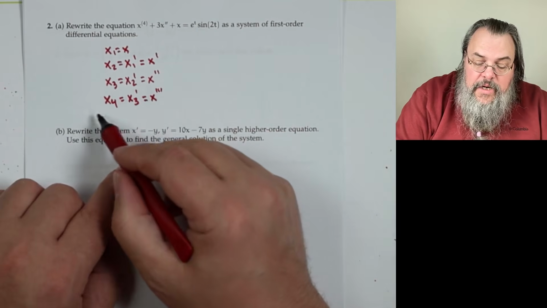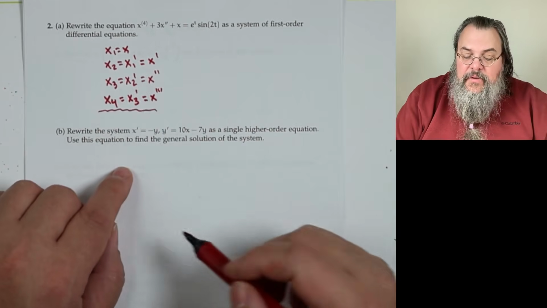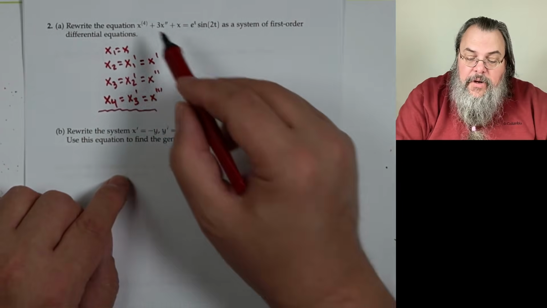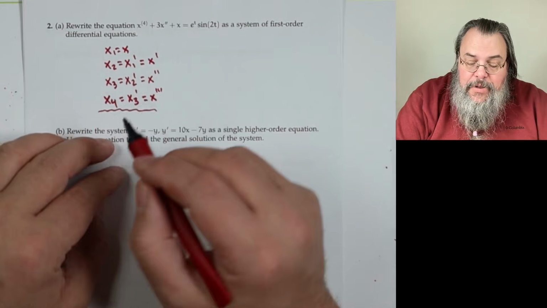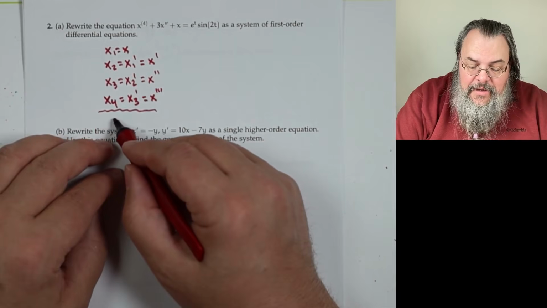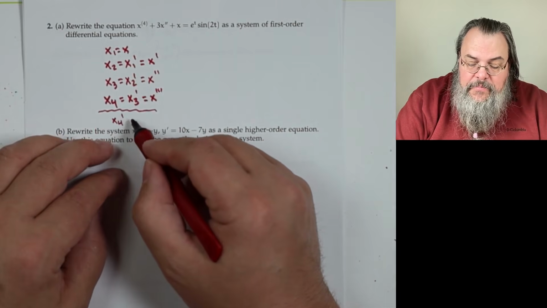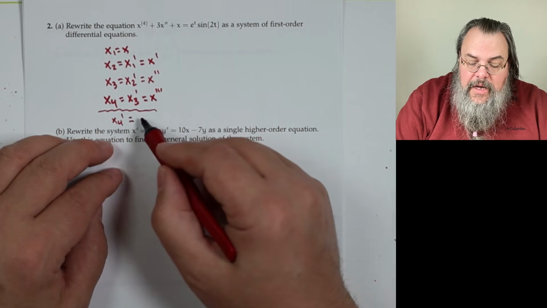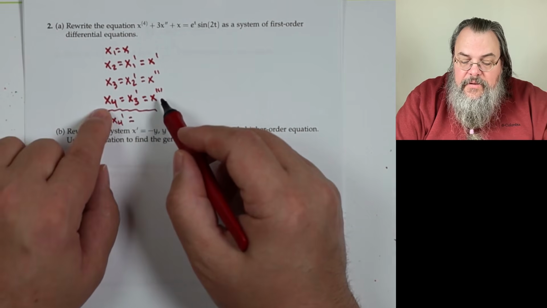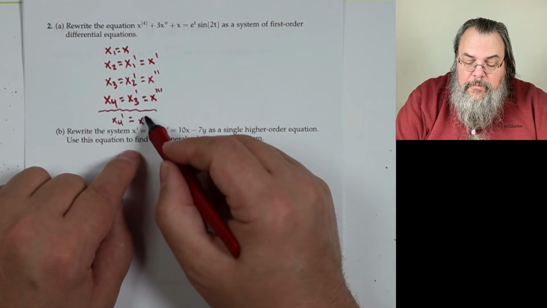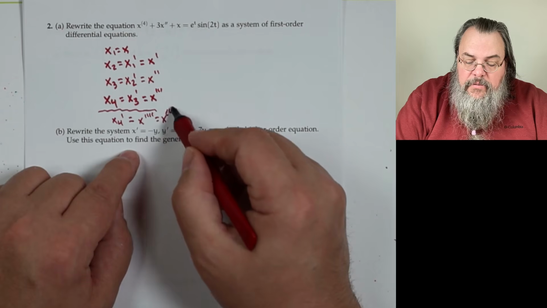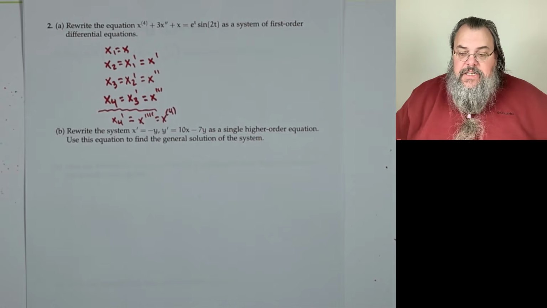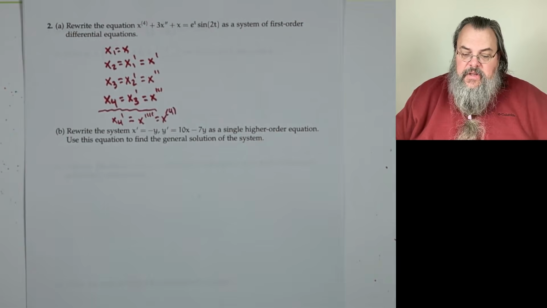So we're going to stop introducing variables because we only want to go up to degree 4. That means we need 4 things. But we're going to make a note. What is x4 prime? Well, that is taking the derivative, x with four primes, or x to the 4, what we've been calling it. Now that's the introduction of our variables.